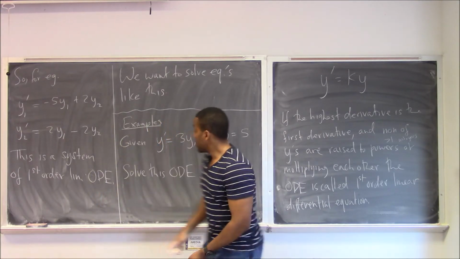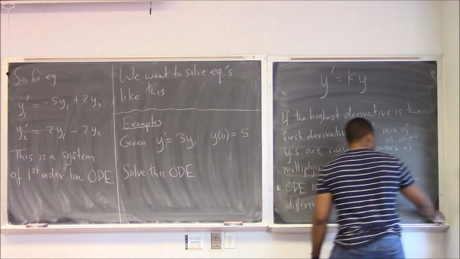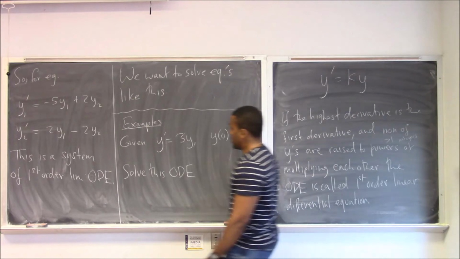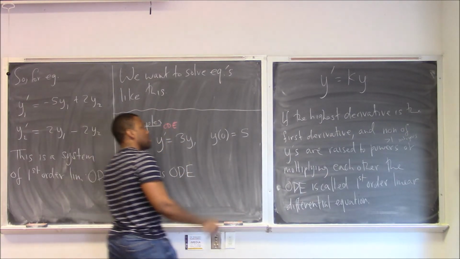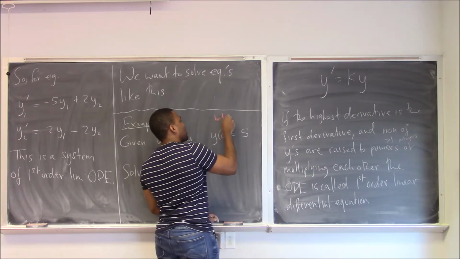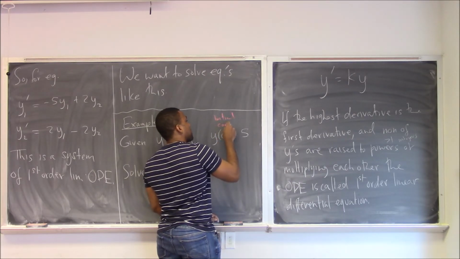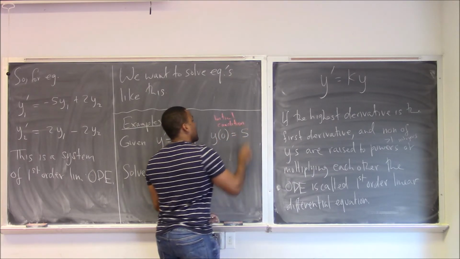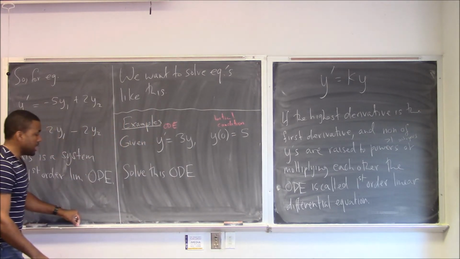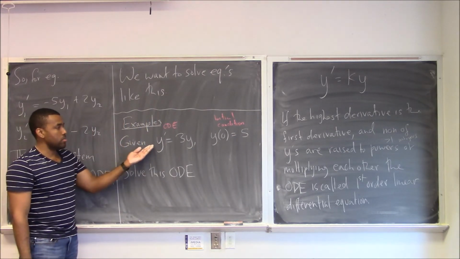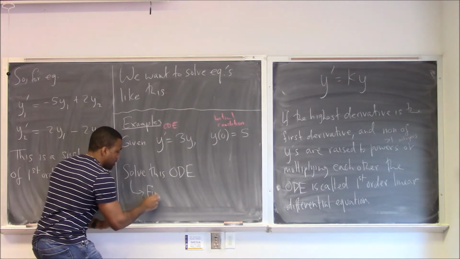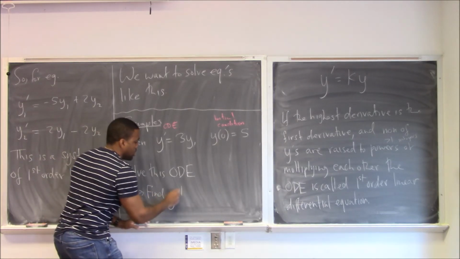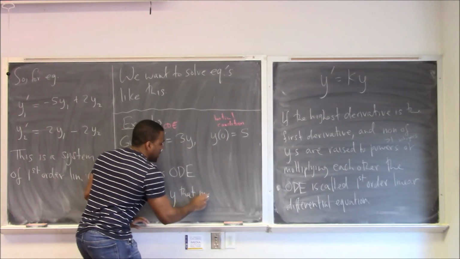Okay? So just some ideas here. This guy is called the ODE. This guy is called the initial condition. To solve means to find the function that makes the ODE true.